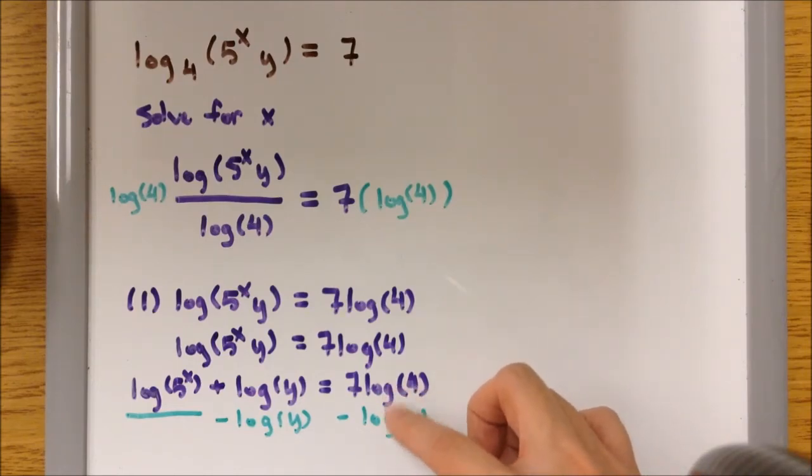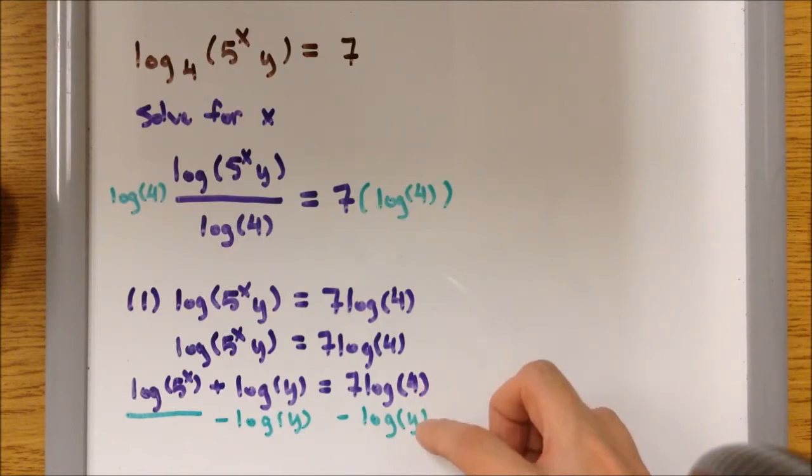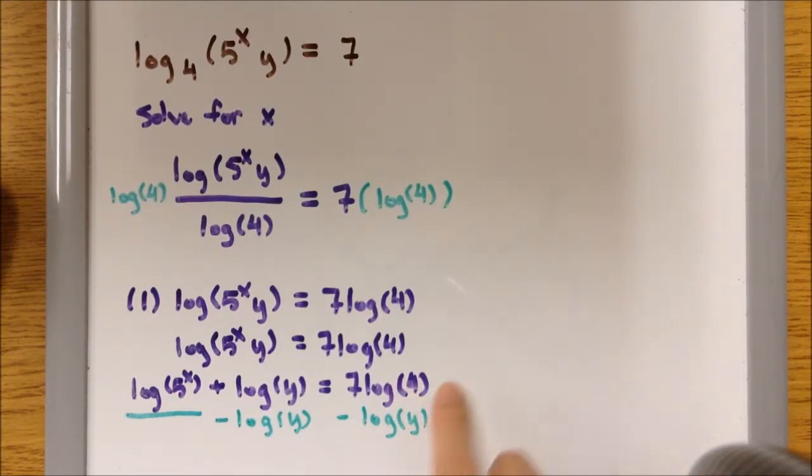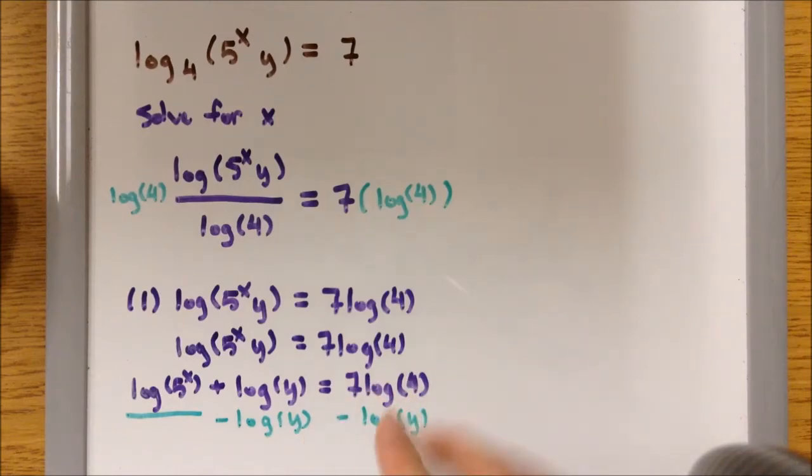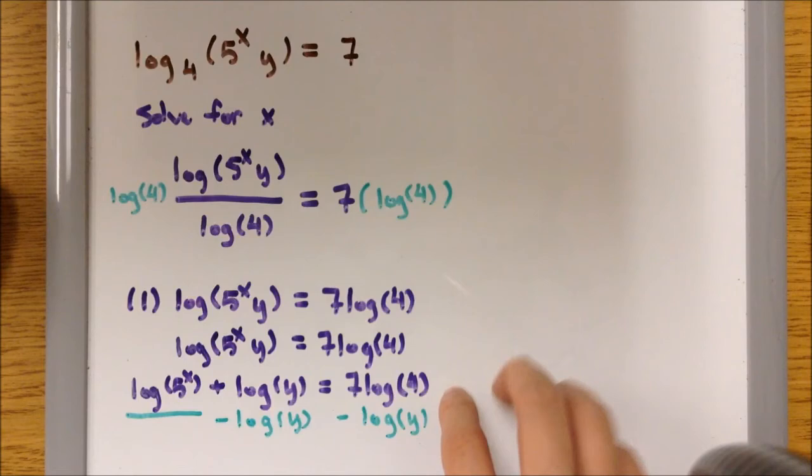I can't combine them because the 4 and the y are not the same. So again, I cannot combine them together. It's the same thing like x minus x, I can combine that. That would be 0. But since these are different inside the log, then they cannot be combined as 1. They're going to be separate. So I'm going to write them as separate.